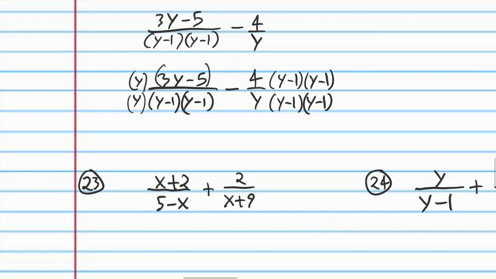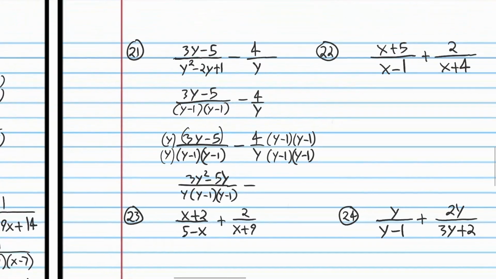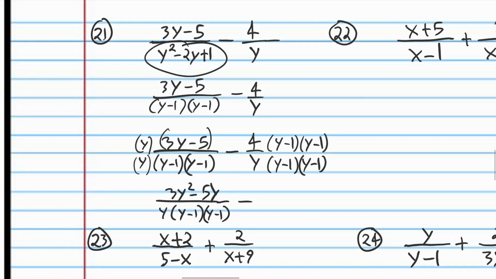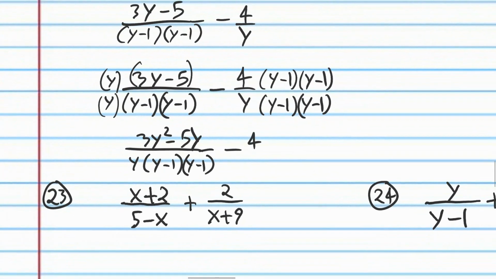So y times 3y minus 5 is 3y squared minus 5y. And then I'm going to FOIL that out. But we know when we FOIL it, we get this. So we don't really need to do all that math. I'm going to get 4 times y squared minus 2y plus 1.